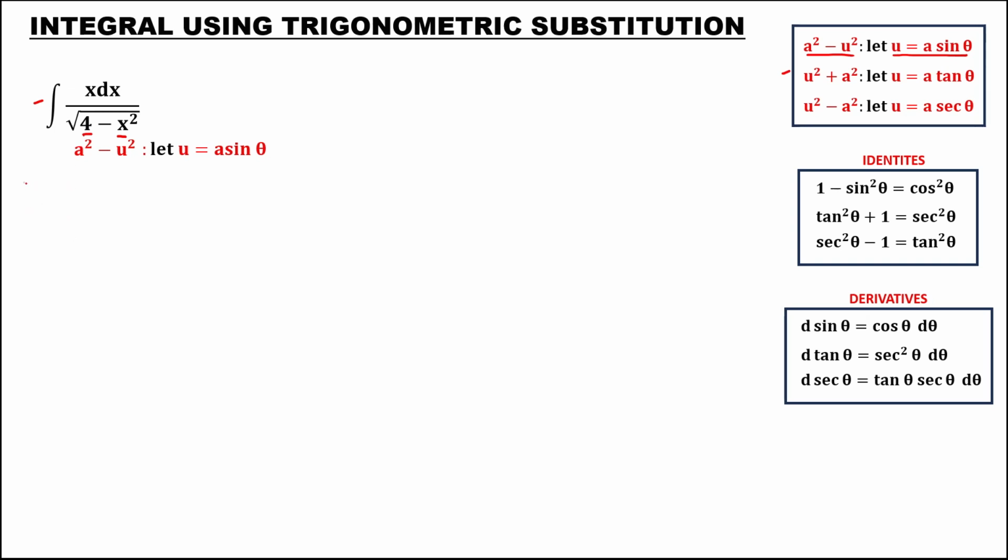So first, we need to solve for a and solve for u. To solve for a, we have 4 equals a squared. Then take the square root to solve for a. Therefore, a is equal to 2. Then to solve for u, this is x squared, minus u squared.